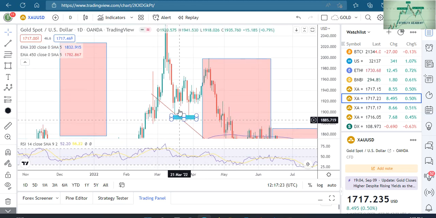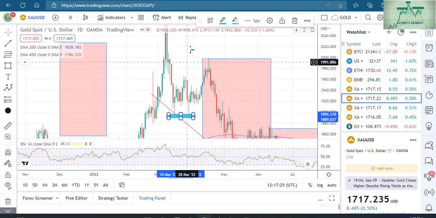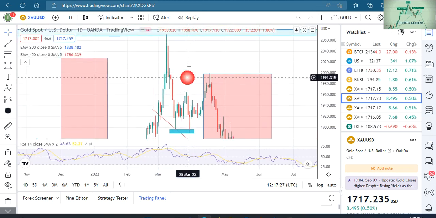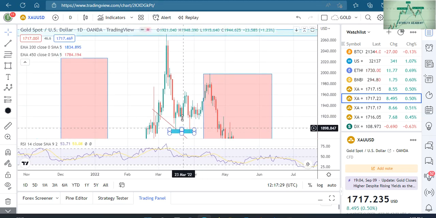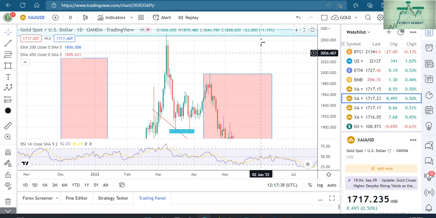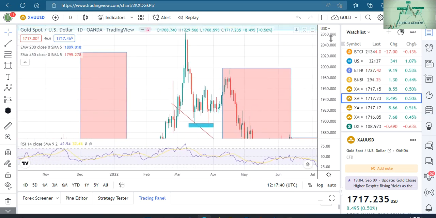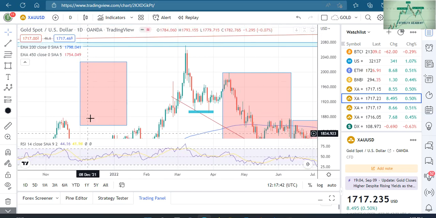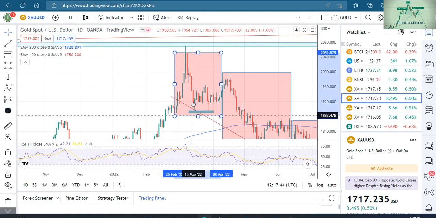Can you see? So this gives us our first wave. After it tested this price area, then it gives us wave two. So that's how to follow the gold trend.